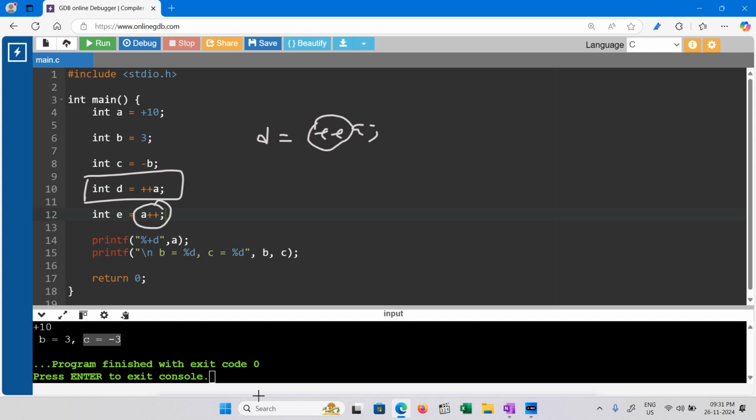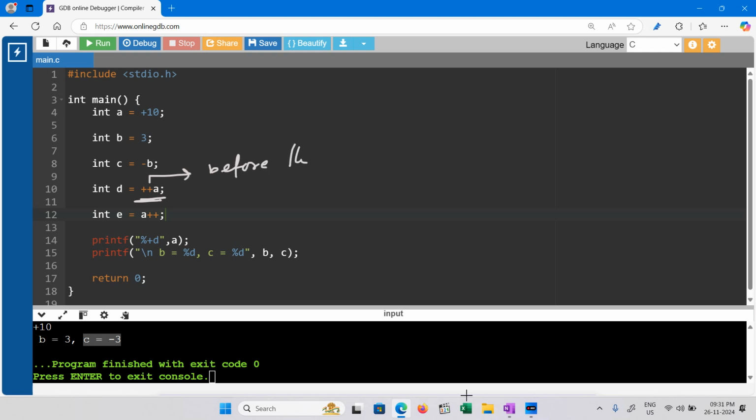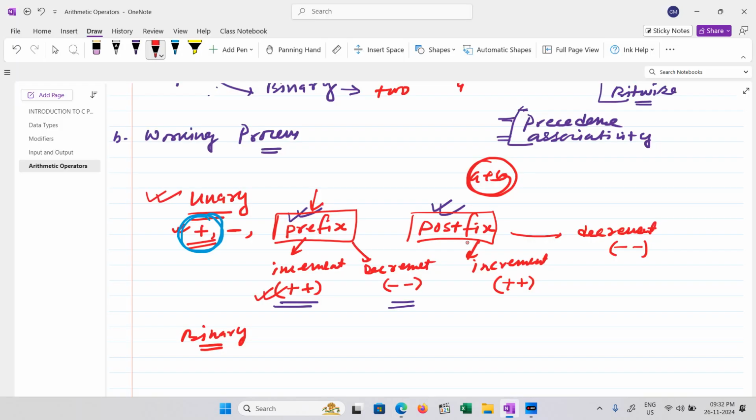When this plus plus operator appears before the operand it is pre, and when it appears after the operand it is post. Okay, so I hope it is clear. Let us write one example. Here prefix increment we can write plus plus a, and here postfix increment we can write a plus plus.